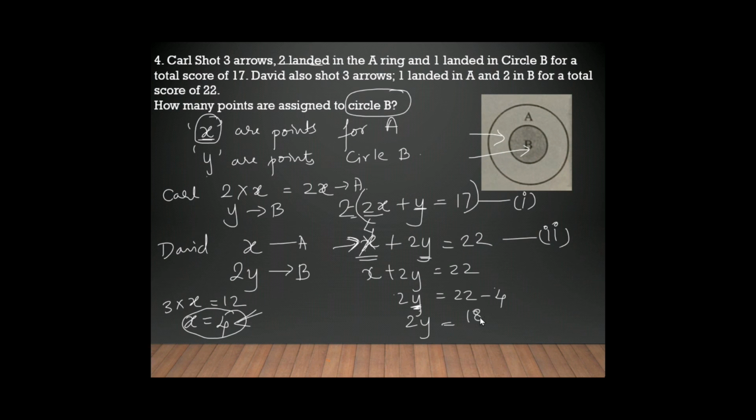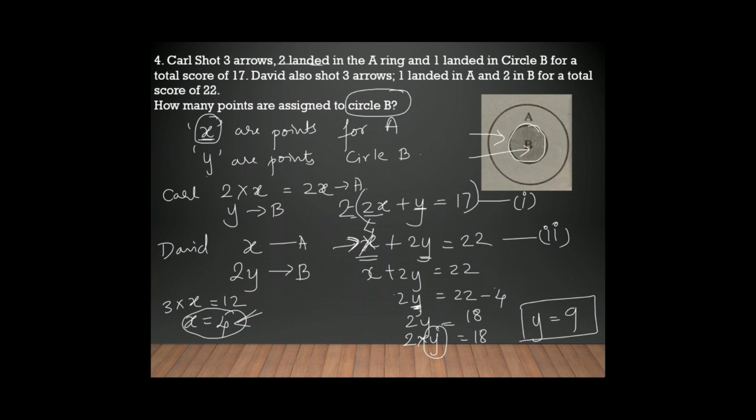So 2y is equal to 18, which is nothing but 2 times y is equal to 18. So y is nothing but 9. Right? So by this we come to know that the points for the circle B are 9.